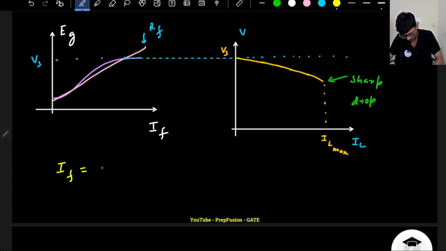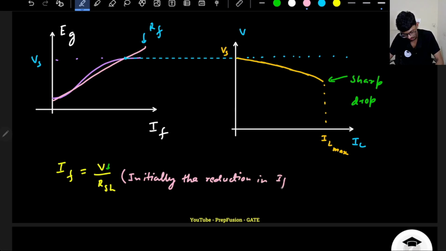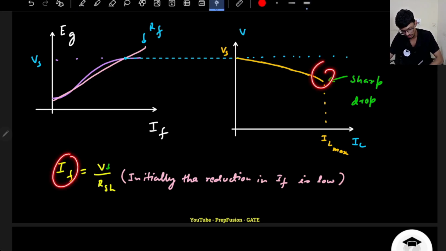Field current IF is equal to V upon the shunt resistance. Initially V is also reducing, but will IF reduce? Initially the reduction in IF is low, as can be seen from here. As the reduction in Vs is low, the reduction in IF is also low.